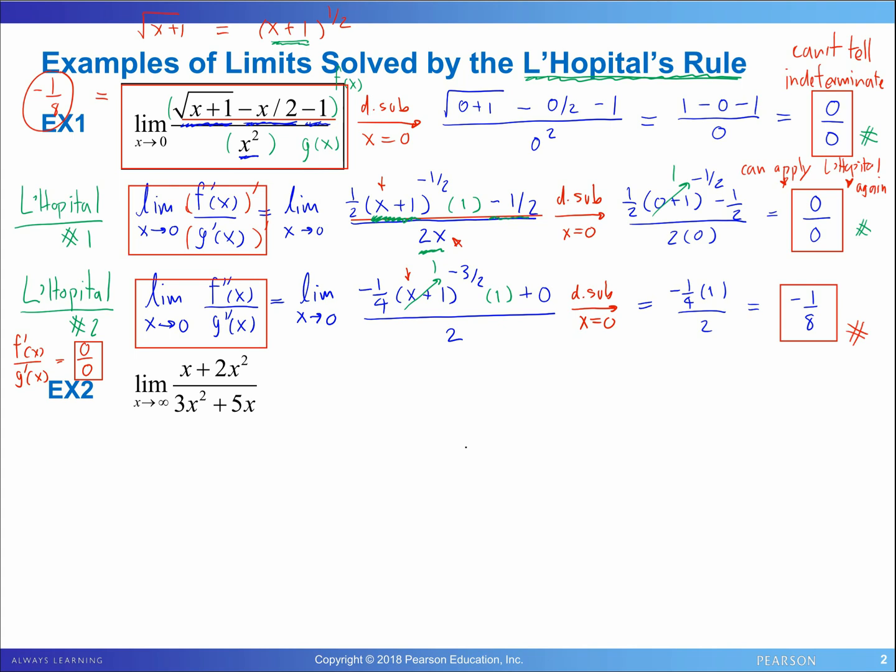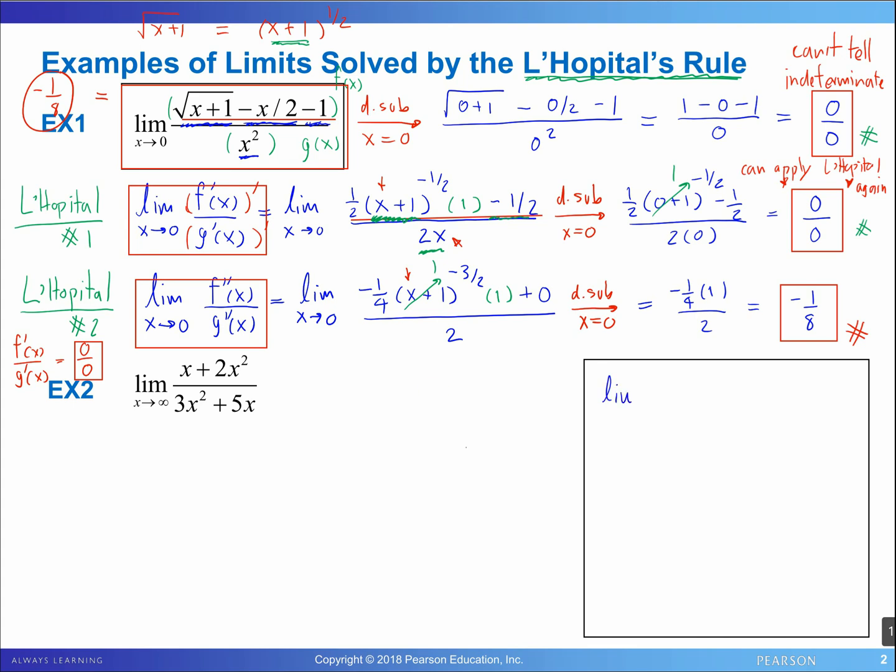Before we move on to the second example, let's take a look at this part right here. And now let's have this limit of f of x divided by g of x, when x approaches a certain value, let's call it a. Let's assume that the function value at a, f of a, is equal to 0, and same thing down here, g of a is equal to 0.